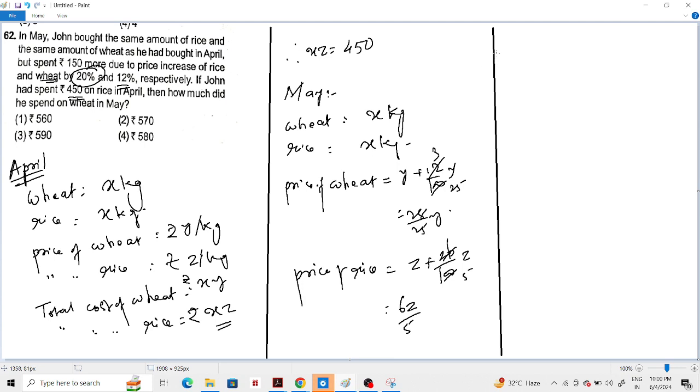Okay, now what is going to be the total cost? See, same thing, I'm just doing the same thing. Total cost of wheat is going to be 28 into x, that is 28 x by 25.